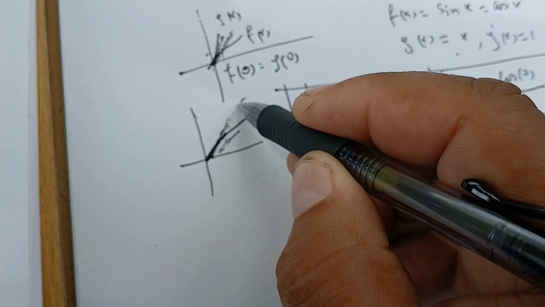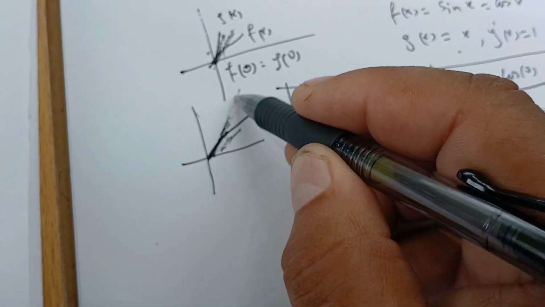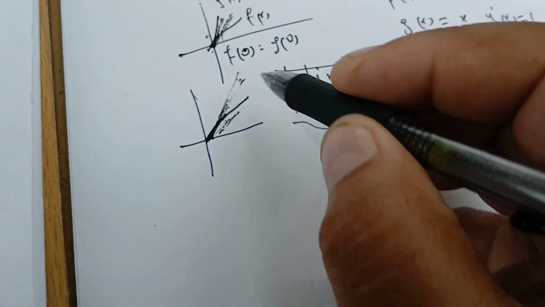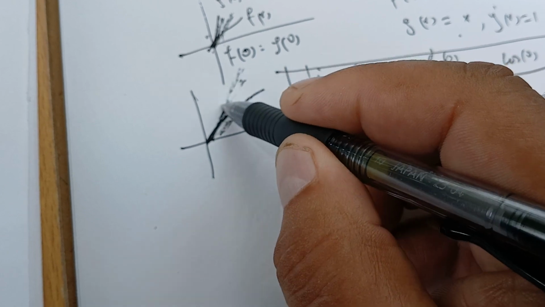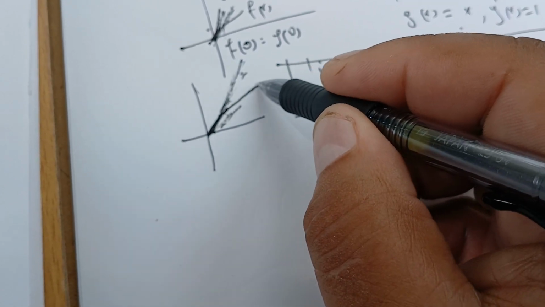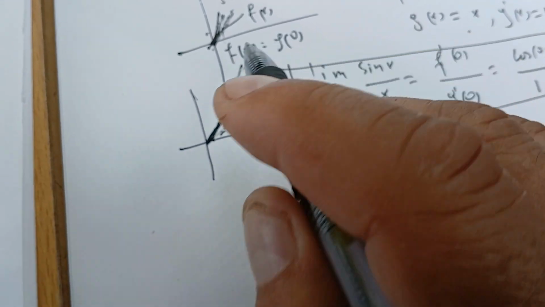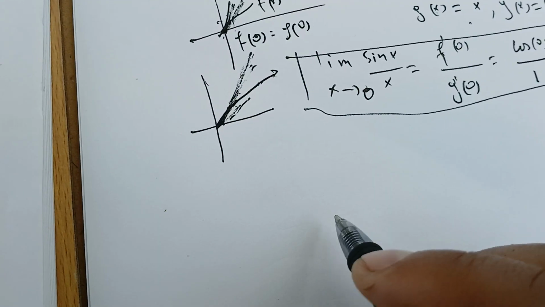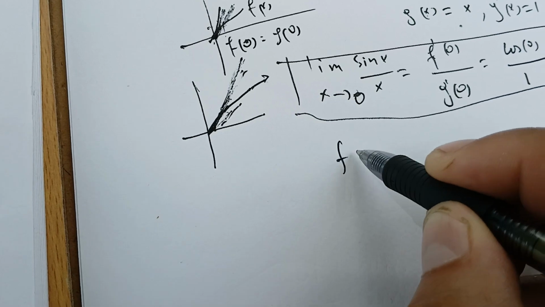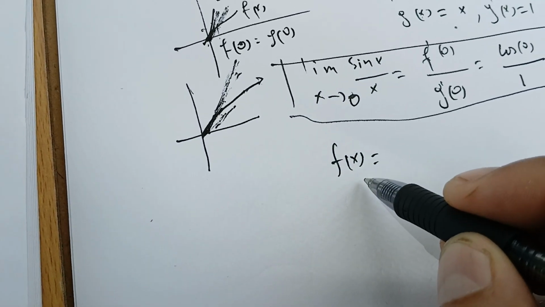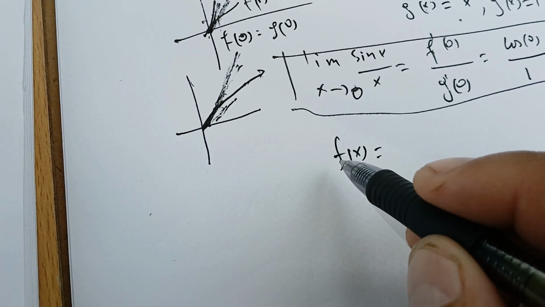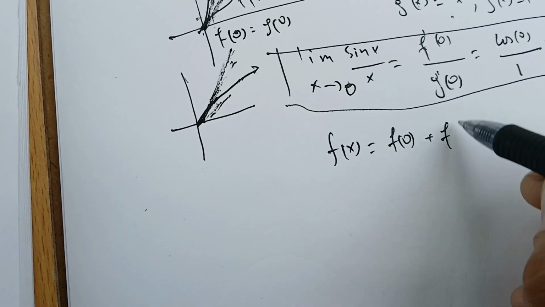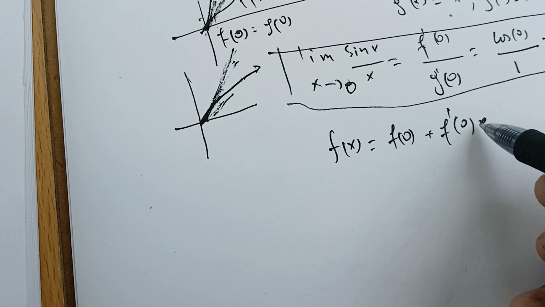Taking the slope is trying to find the equation of the tangent at these points. In fact, taking the slope or the tangent is just approximating f and g by the equations of their tangent lines at 0. We approximate f by the equation of the tangent line at 0. It's f of 0 plus f prime of 0 times x.